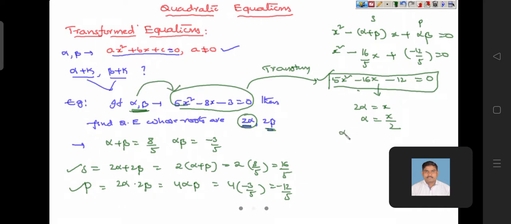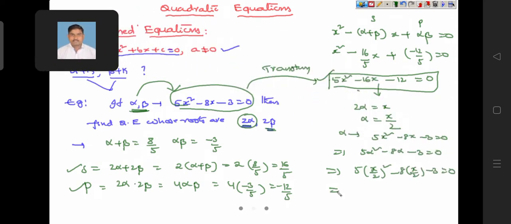When alpha is the root, it means 5 alpha² - 8 alpha - 3 = 0. But alpha is x/2. So that implies 5(x/2)² - 8(x/2) - 3 = 0.